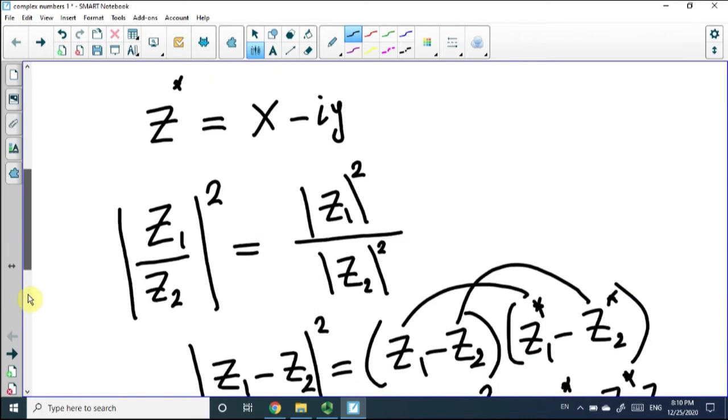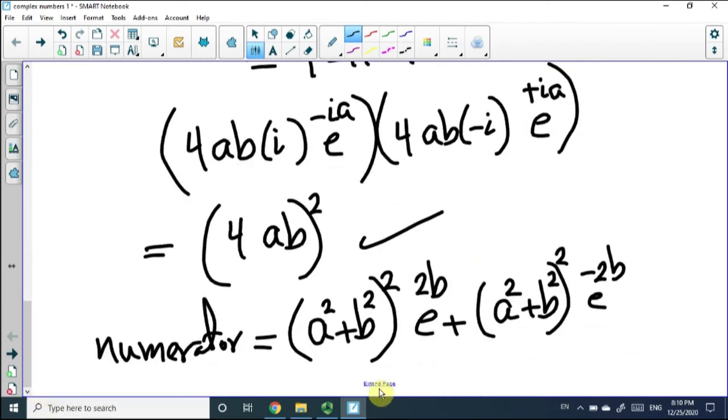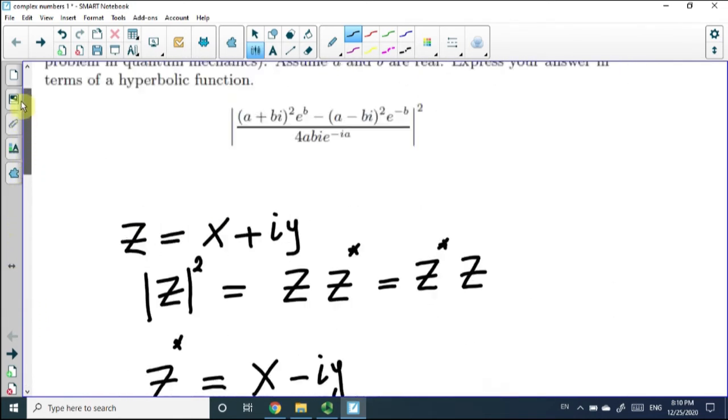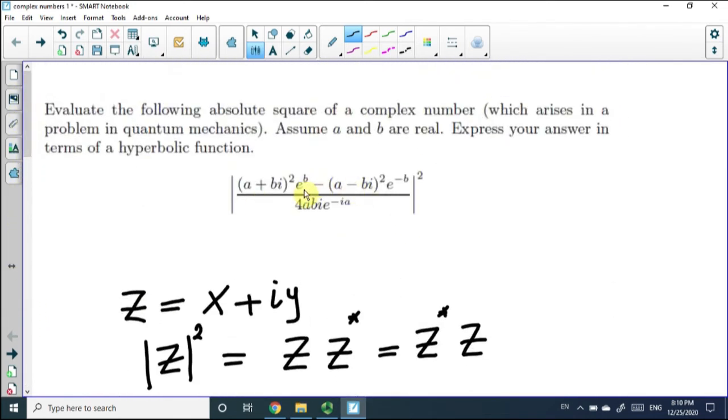So for the next term, which is the mixing, I will get minus a plus ib, now this is already squared, multiplied by the complex conjugate of the second number, which will give us the same. So that's going to be to the power 4. The bracket will be to the power 4. And then I'm going to get e to the b multiplied by e to the minus b, which is 1.